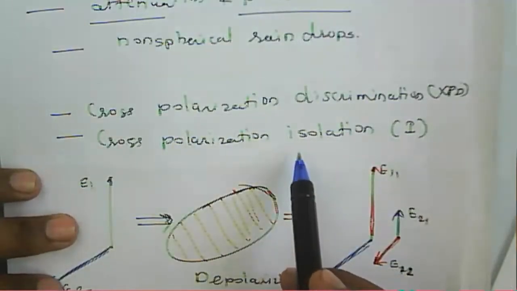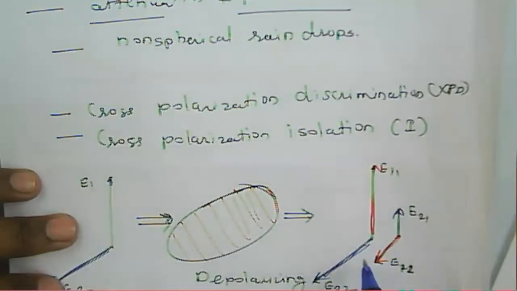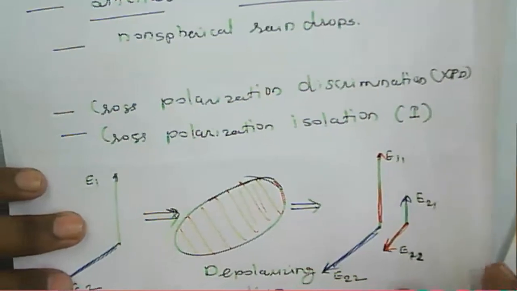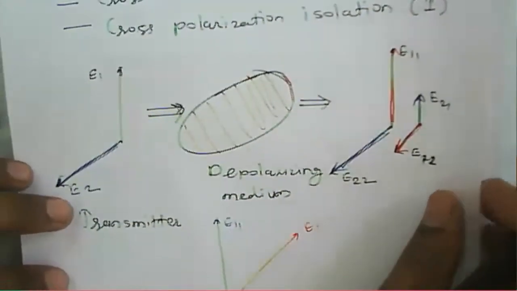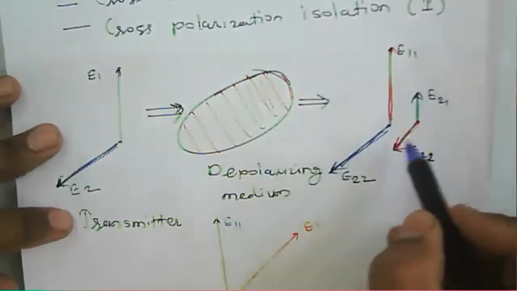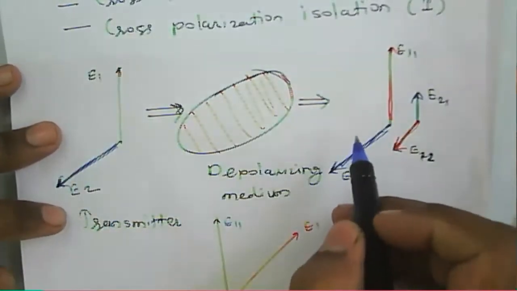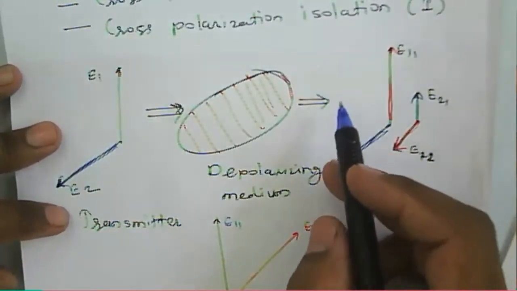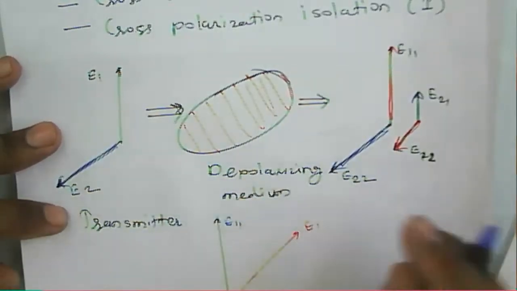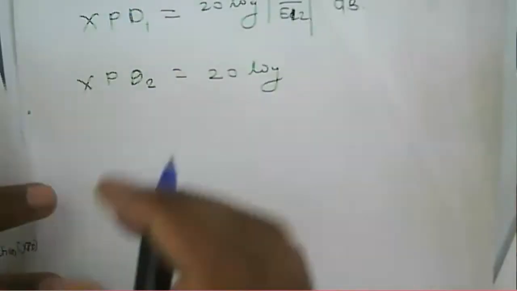When we are propagating an analog signal, because of that undesired component, crosstalk will occur. And in the case of a digital system, it will increase the BER.